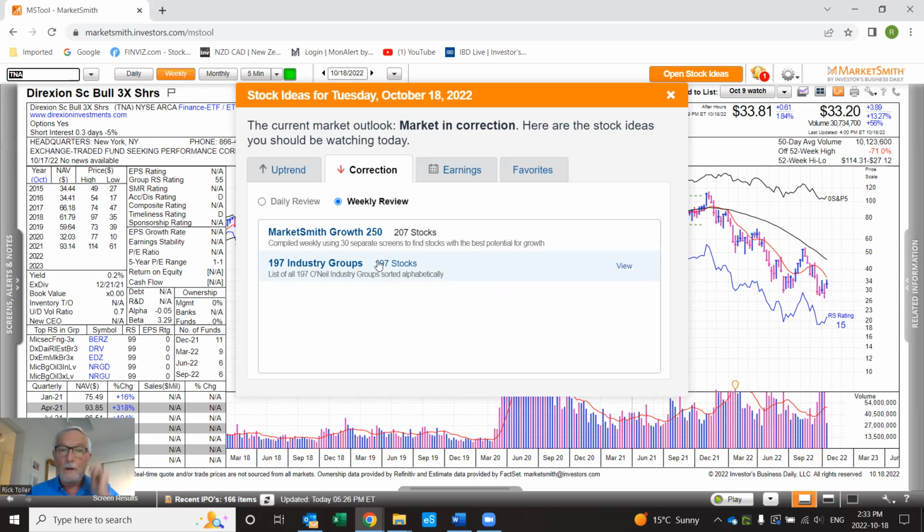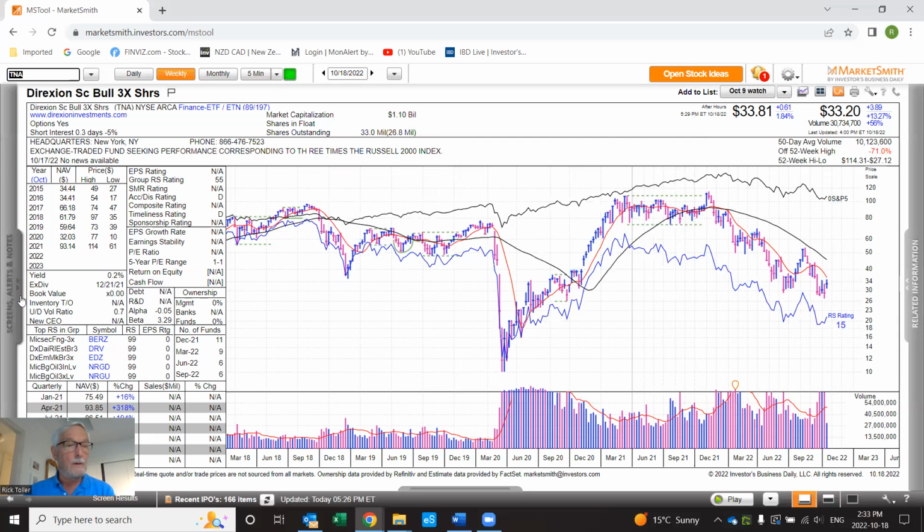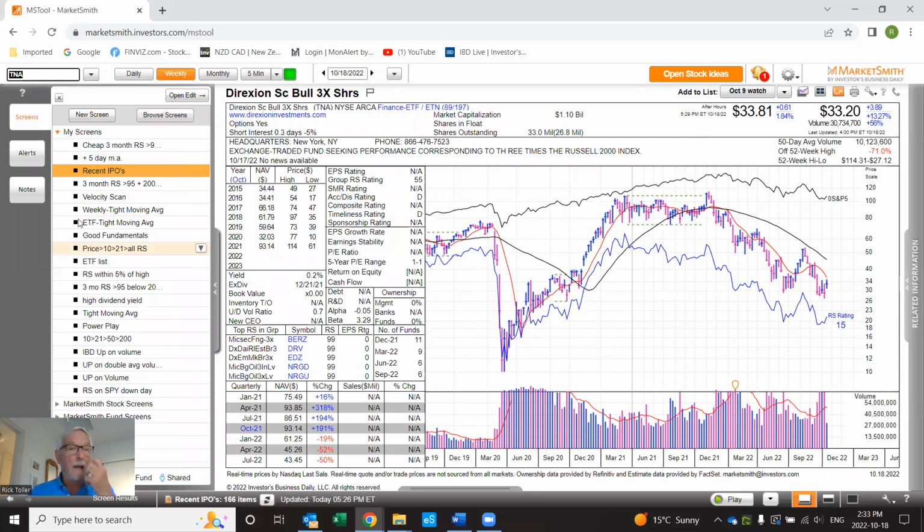So very useful. I don't use them as much. I have my own favorites that I use. I've got them listed here, but I'm not actually going to start with one of my favorites. I'm going to start over here where I have all of the screens that I've built over the last several months. Most of these I should just scratch because I don't use them.